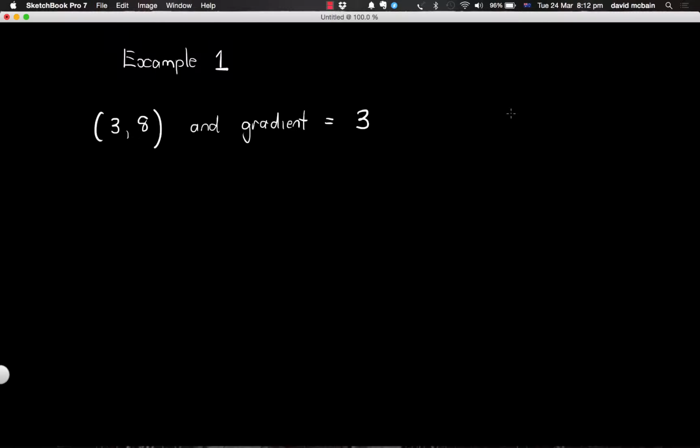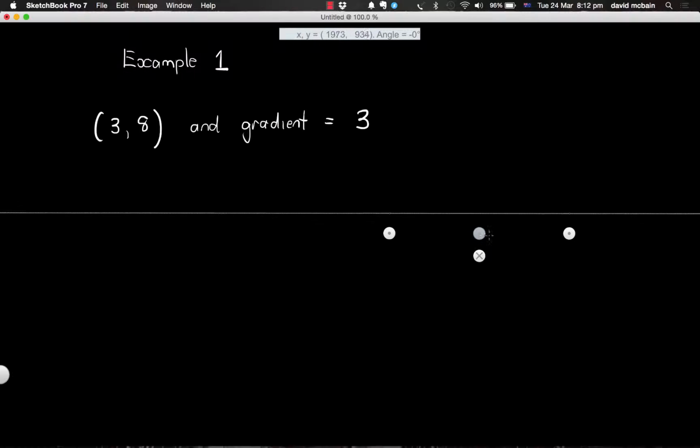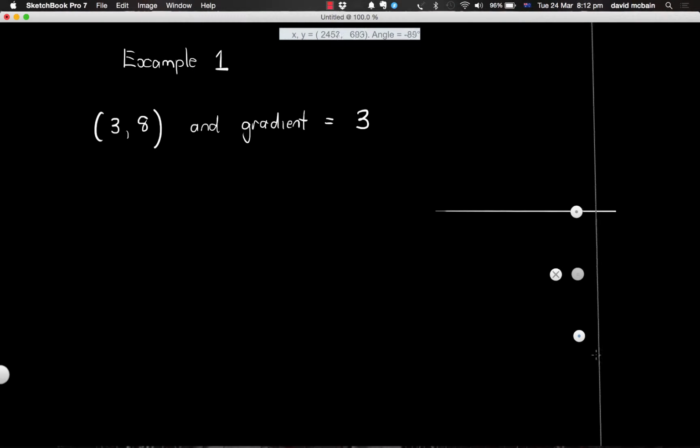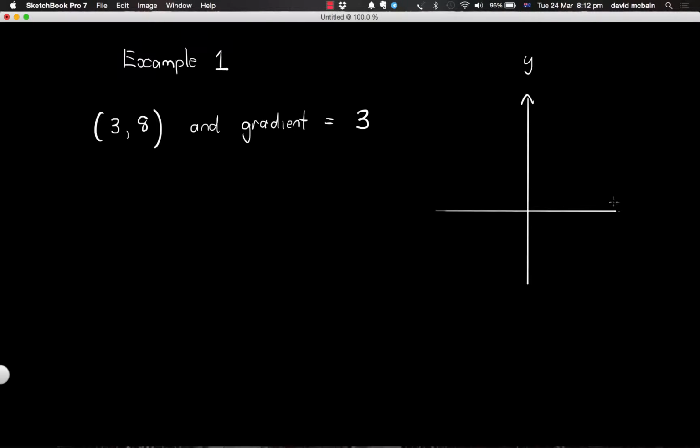So if we were to draw a sketch of this, just to help us visualize what's going on, I'll draw a little graph over here. Okay, so there's our y-axis, and there's our x-axis. Now the point (3, 8), well, I'm just going to estimate that. 1, 2, 3.